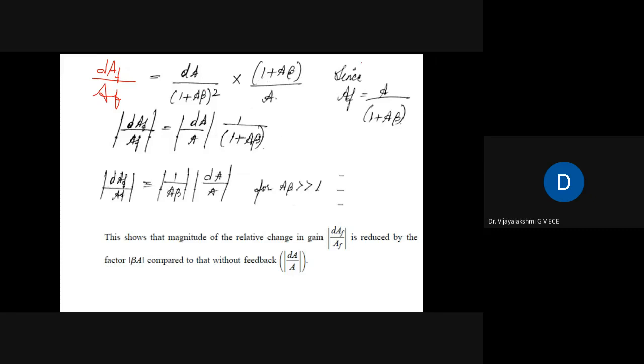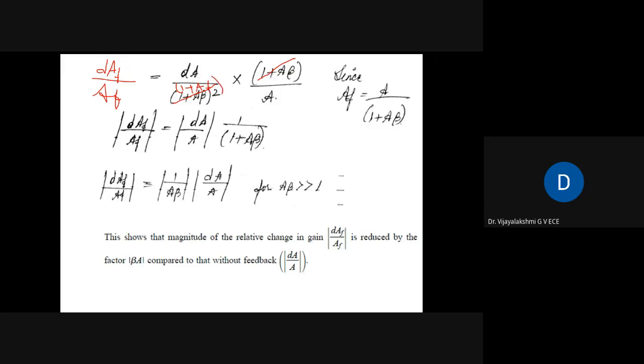Okay. You know what is AF? AF is A by (1 plus A beta). So 1 divided by AF will be (1 plus A beta) divided by A. And here 1 plus A beta once and 1 plus A beta once will get cancelled. So I am left with only 1 plus A beta.